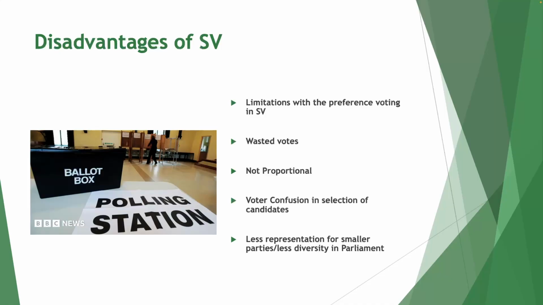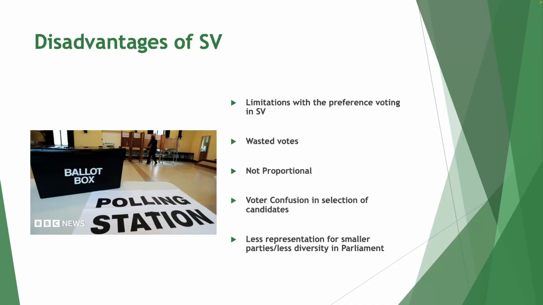So, for example, I very much care about the environment, I care about progressive politics, so I'm going to vote for the Green Party. But that's a fringe political party, it only gets 1 or 2 seats in Parliament every single election. And so, as a sort of backup, I'm going to vote for Labour as well. So I've got my fringe party, and then my second preference takes me to the more generally popular political party.